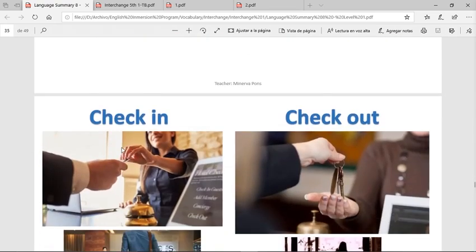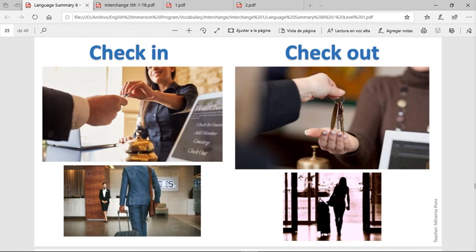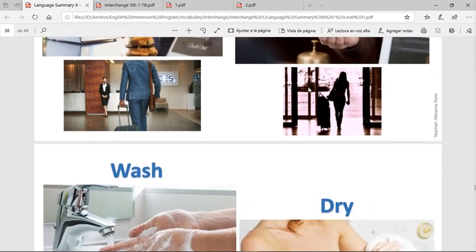Some verbs. To check in. When you check in, you enter a hotel and you give your information and they give you your room keys, and then you can stay in the hotel. And when you check out is when you're leaving. Check in, you're coming in. Check out, you say, I'm finished with this. Bye. And that's it.